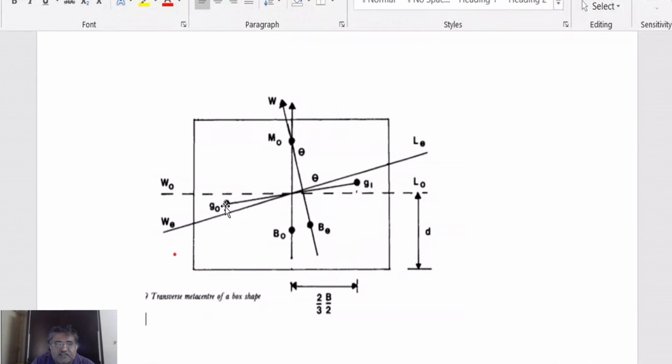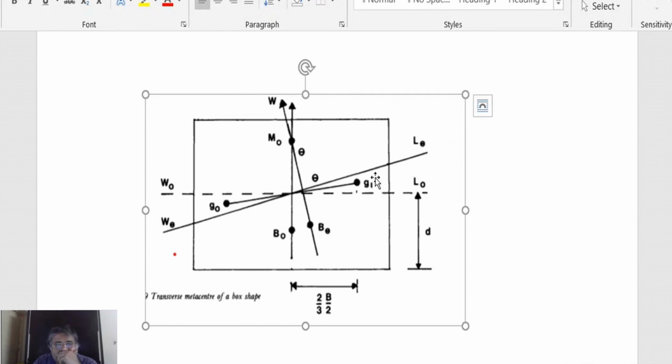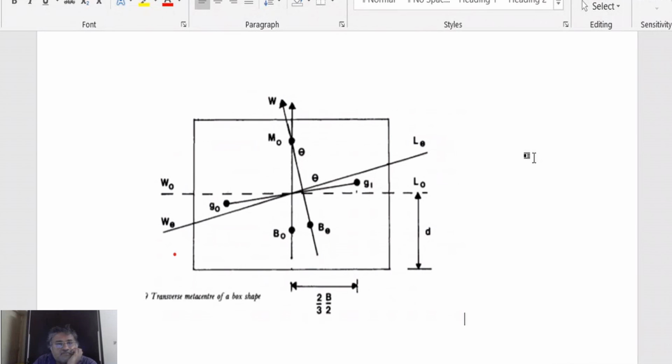So it is like saying this volume has shifted from here to here. Is that clear? At least one person? Yes. Okay. It doesn't matter. In the next class we'll start from the beginning.